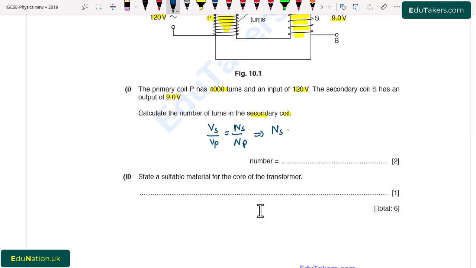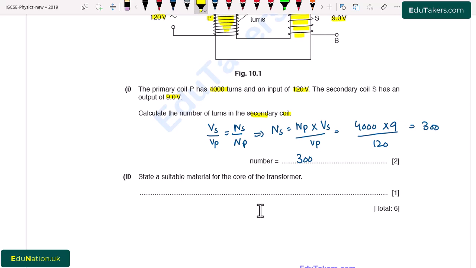Ns will be equal to Np multiplied by Vs over Vp. So the number of turns of the primary is 4000 multiplied by the secondary voltage, 9, and the primary voltage is 120. So the number of turns comes to be 300. So I write here it is equal to 300.